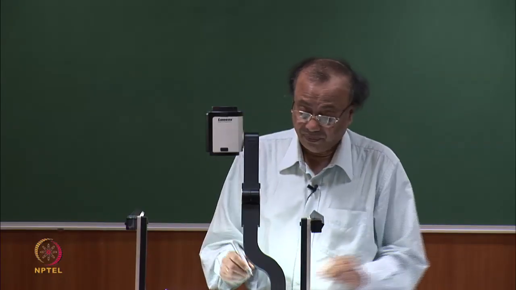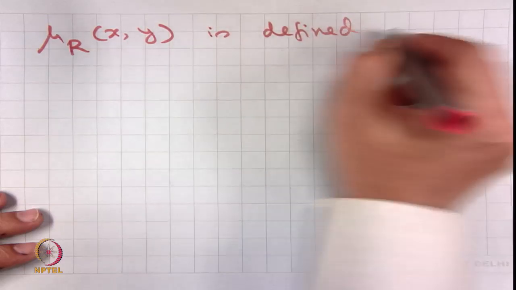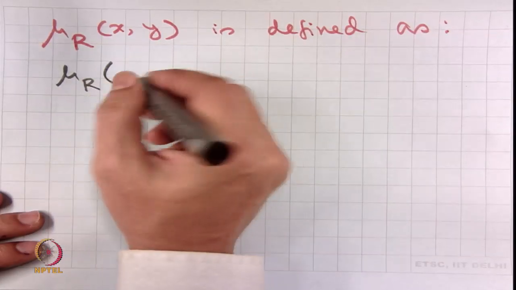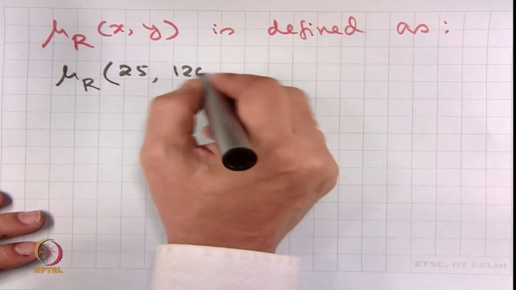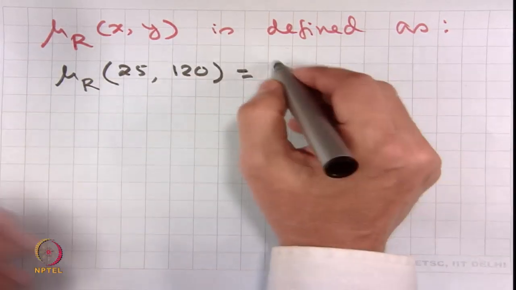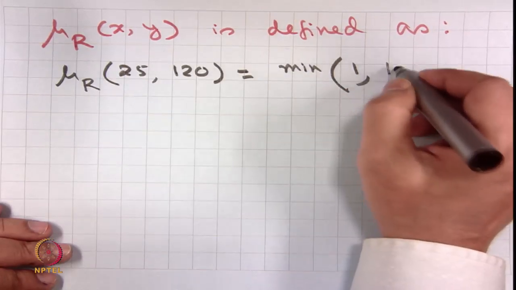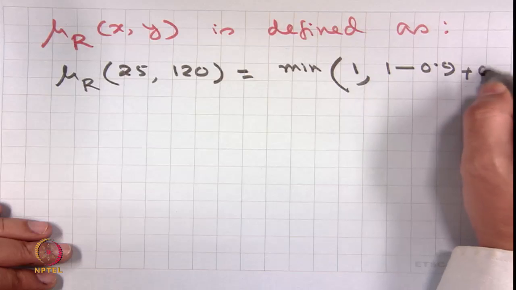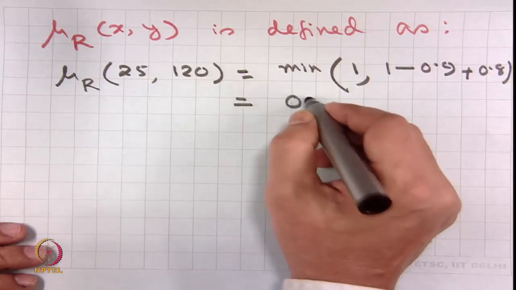Therefore, mu R of x, y is defined as: mu R of 25, 120 is equal to minimum of 1 and 1 minus 0.9 plus 0.8, which is equal to 0.9.